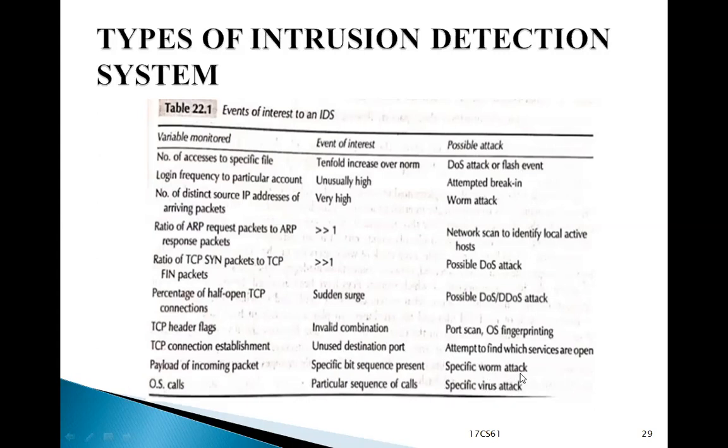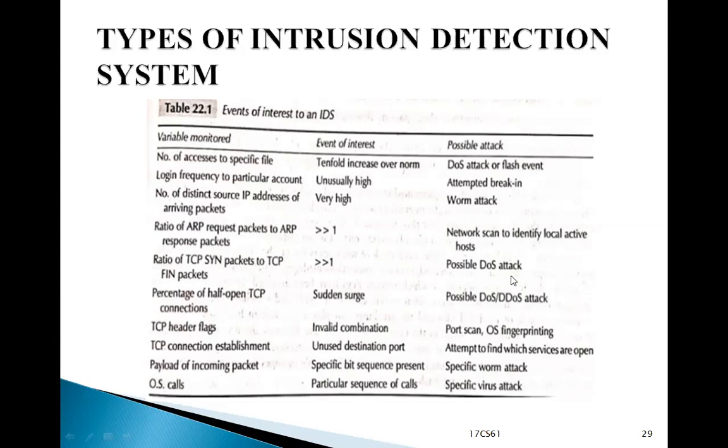A virus attack is the same as a worm attack, where the virus is going to replicate and also affects other systems. Possible examples of virus attacks are Blaster, Slammer, and I think you must have heard about Code Red.